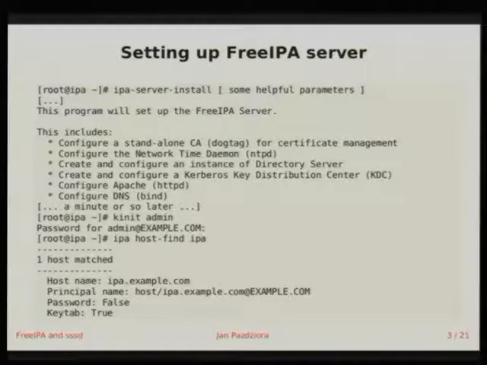And when you kinit, you can then use the IPA command, which is, again, a nice wrapper, a nice tool, to manage all those records. So you can see that IPA actually knows about itself. It's a good start because, for a user to authenticate to a machine, it's good when we know about the machine.